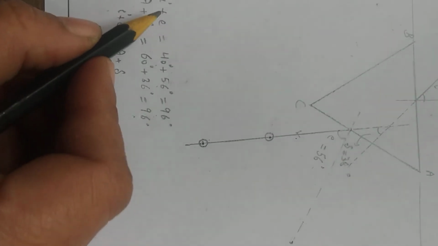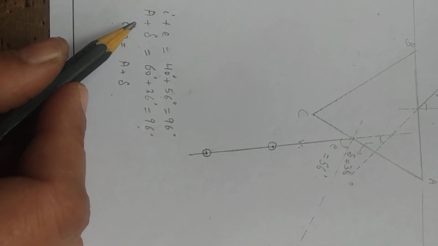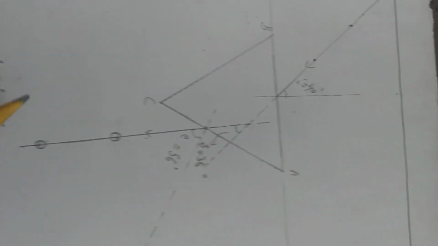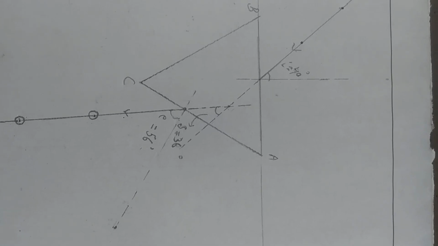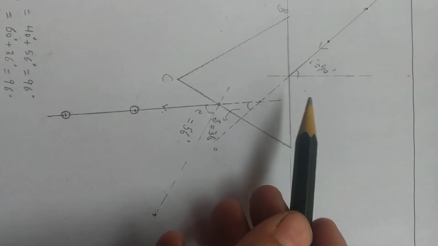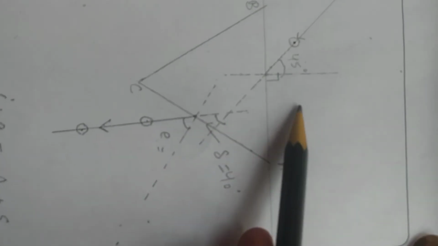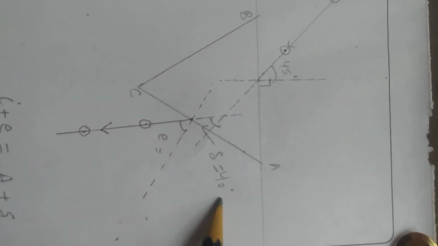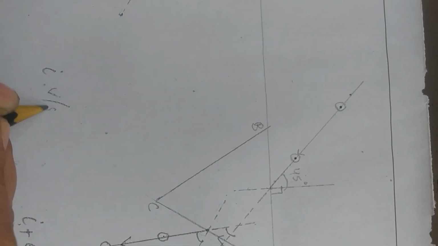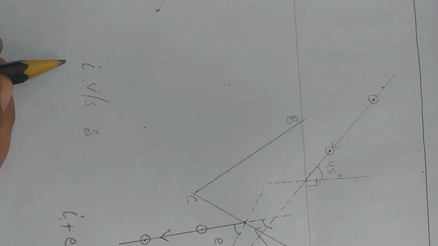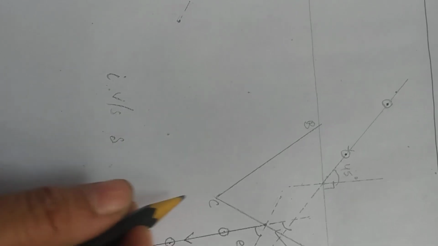For angle of incidence 40 degree, the angle of deviation is 36 degree, and for 45 degree I have delta 40 degree. When I plot the graph between I versus delta, initially the deviation will decrease to a minimum value, and then it again increases.